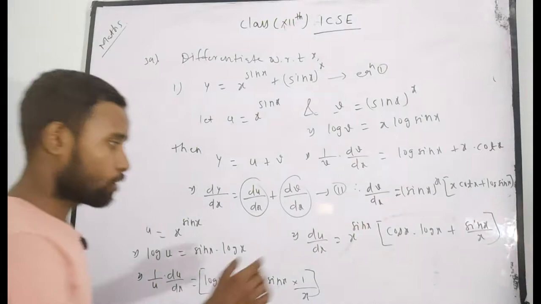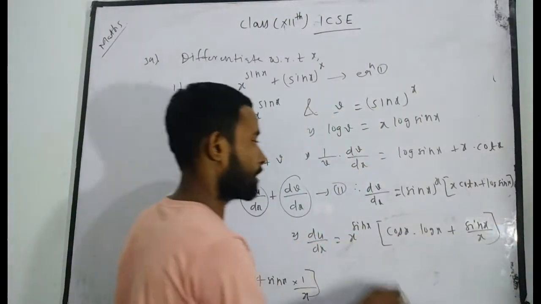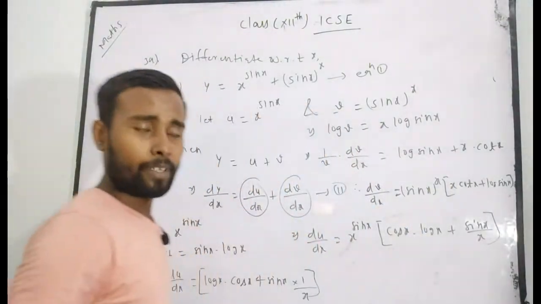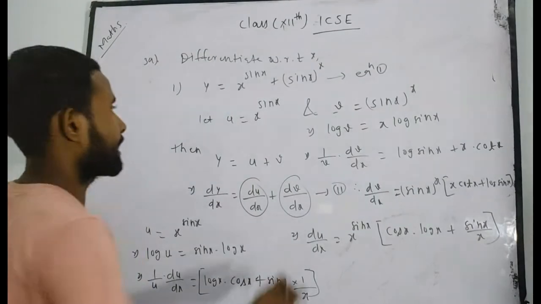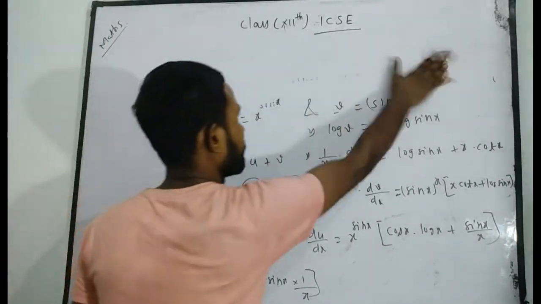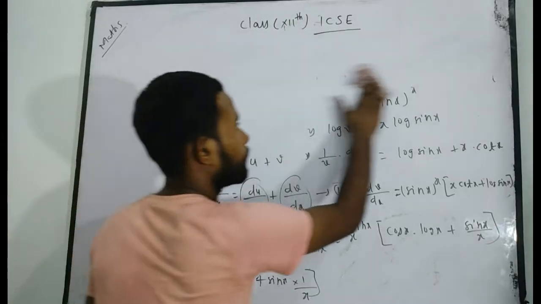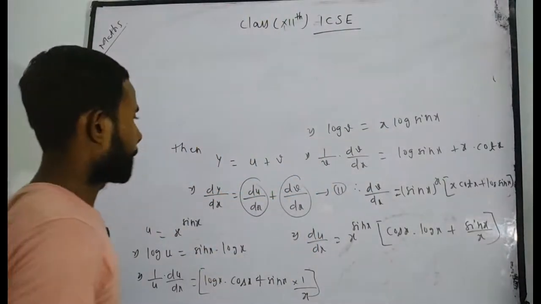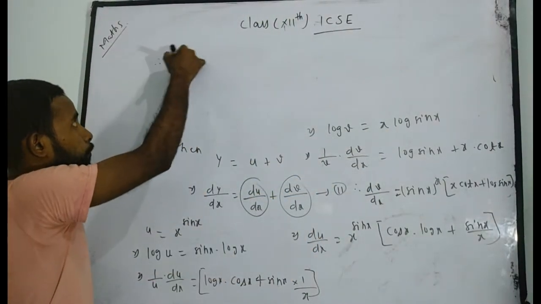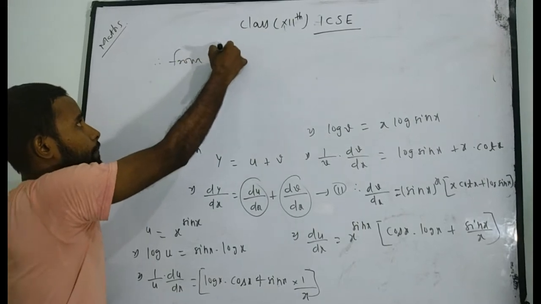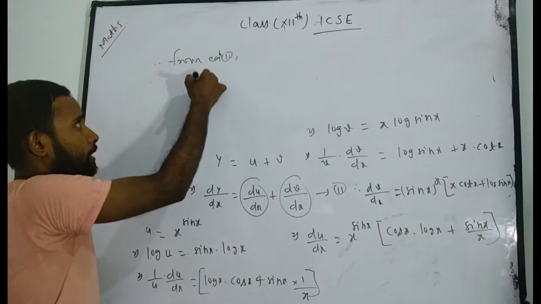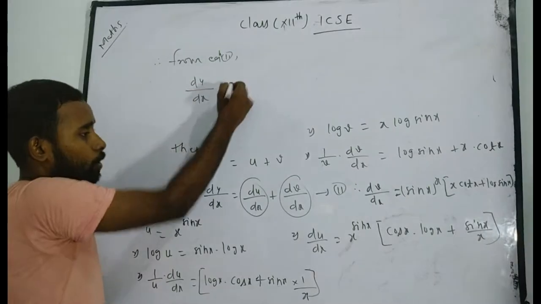Here you get du/dx is equal to this expression, dv/dx is equal to this expression. Now I want to write its answer here. From equation second, you will get dy/dx is equal to du/dx plus dv/dx.